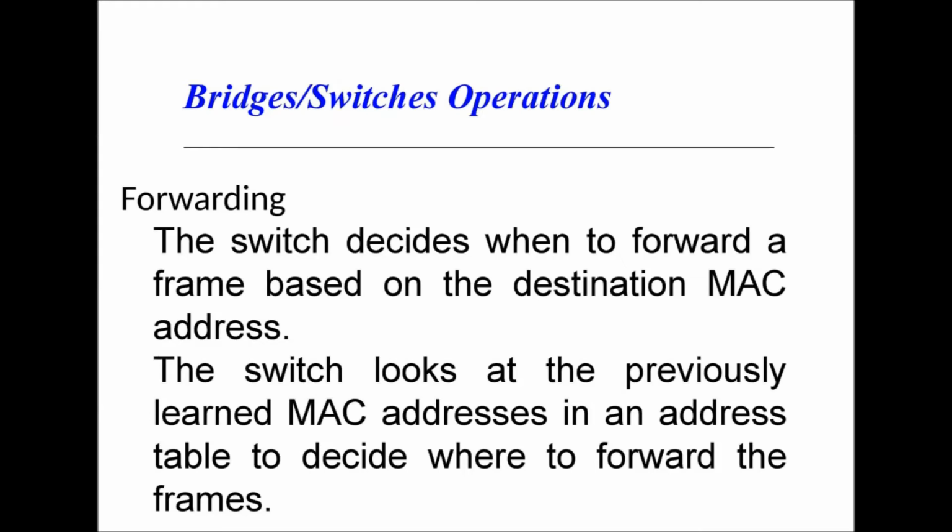So as long as the MAC addresses are saved, the switch will forward the frame to the specific intended destination. So this is the simple forwarding concept. Forwarding means to forward a frame to the desired destination on the basis of MAC or physical addresses, and the MAC and physical addresses of all devices connected to a switch are saved by the switch in its MAC address table.